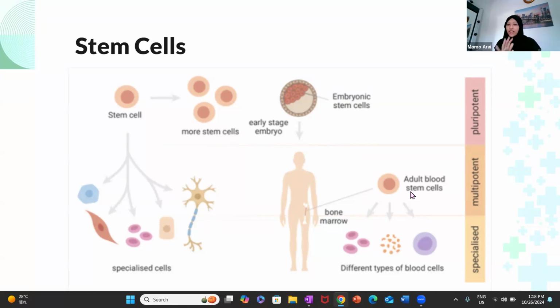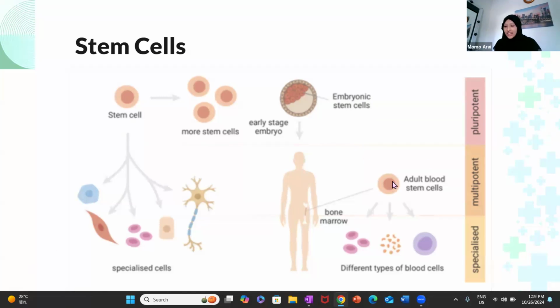Let's say you've heard about hematopoietic stem cells, or let's say mesenchymal stem cells. These stem cells only give rise to their own kind. So hematopoietic gives rise to its own kind, which is blood cells, like red blood cells, white blood cells, and so on. So that's the example shown here, but there are other types of multipotent stem cells.